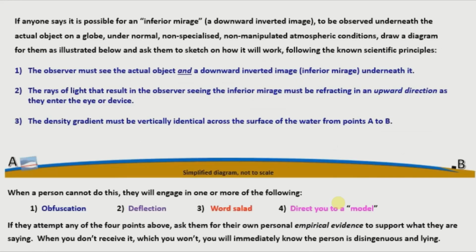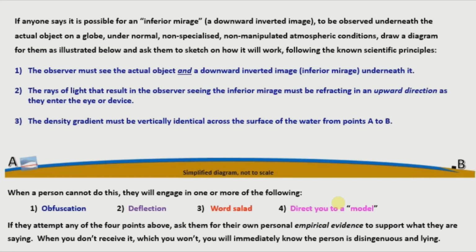If anyone says it is possible for an inferior mirage, downward inverted image, to be observed underneath the actual object on a globe under normal, non-specialized, non-manipulated atmospheric conditions, draw a diagram for them as illustrated below and ask them to sketch on it how it will work, following the known scientific principles.